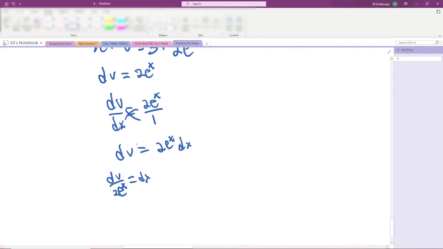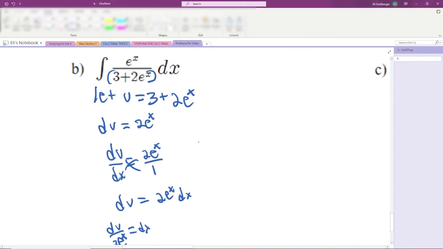So that's what we're replacing dx with. So we rewrite everything. We'll write e to the x over u, but instead of dx we write du over 2e to the x.